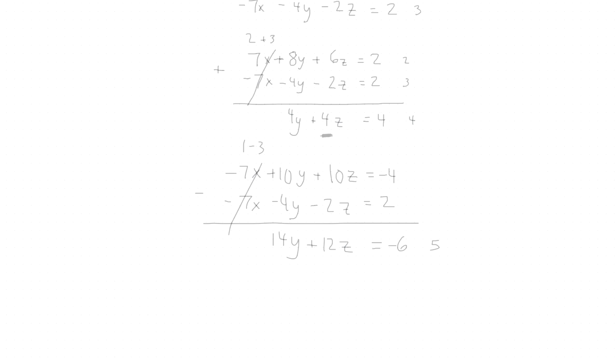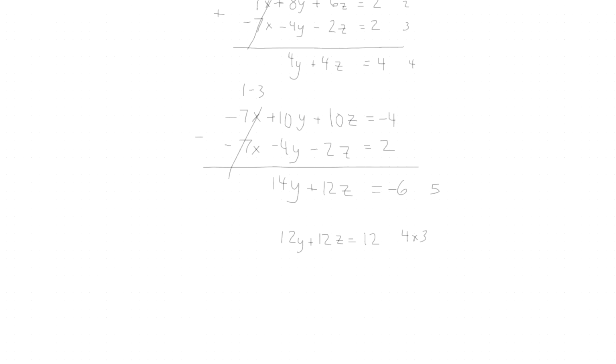What can we do to equation 4? Multiply by 3. So let's take equation 4 and multiply by 3. We'll get 12y plus 12z, and 4 times 3 is 12. So that's equation 4 times 3.